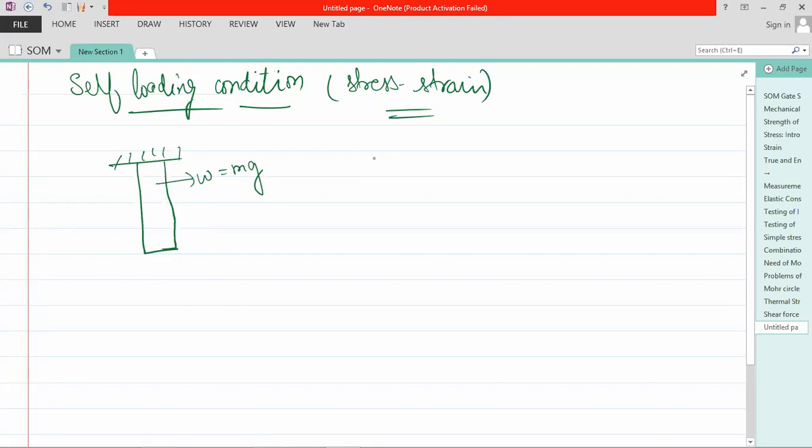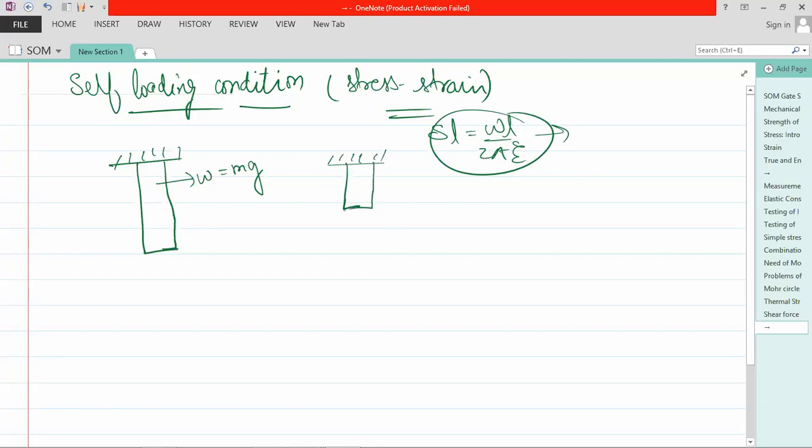Now, in the direct formula, I can give you WL by 2AE. But I want to emphasize how it came. Now suppose I take this elemental strip dx, and below that it has a length x.